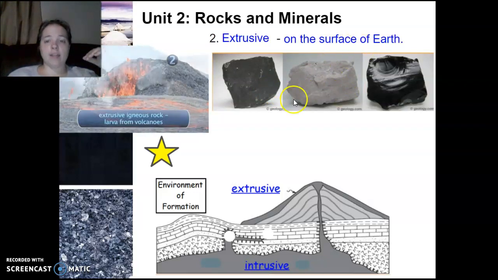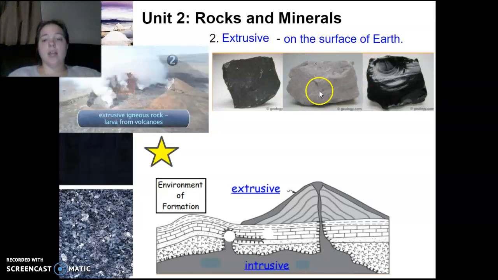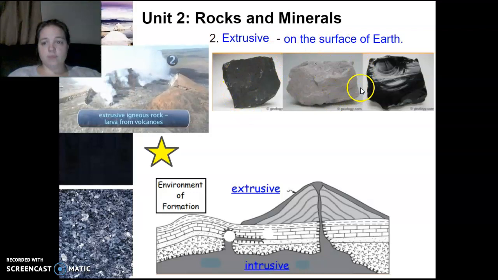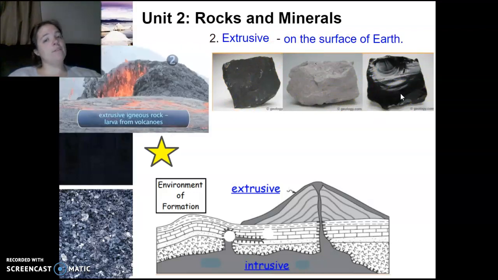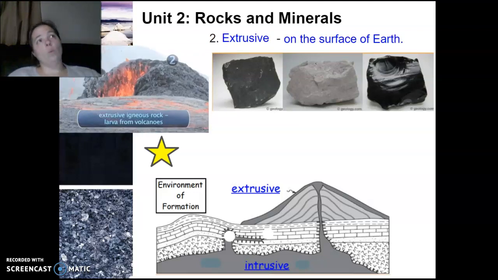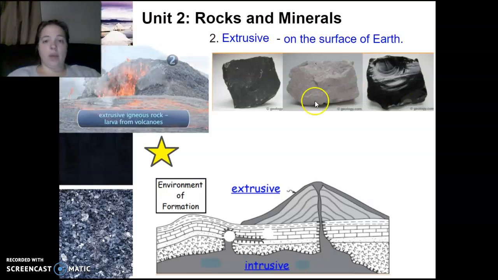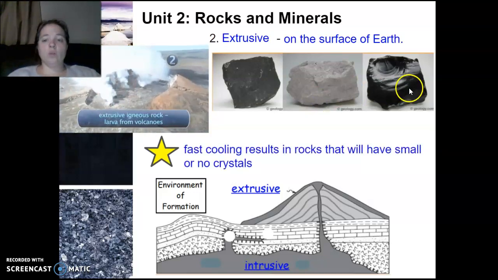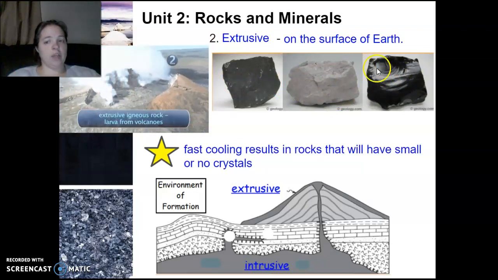Then you have rhyolite here. It is the lighter side of basalt. And then you have right here obsidian. Anybody who has played Minecraft may know that obsidian is formed when water and lava combine. There's no shiny awesomeness here except for a glassy look.